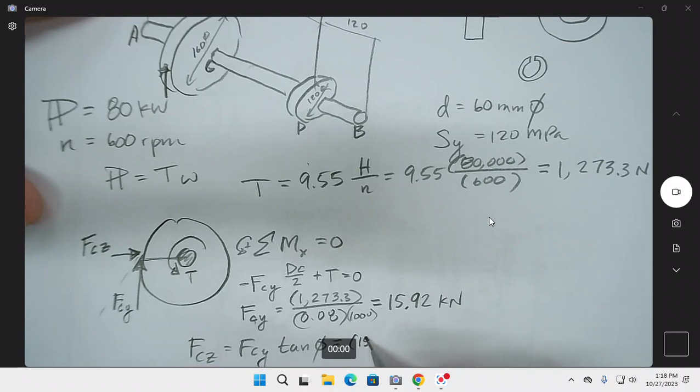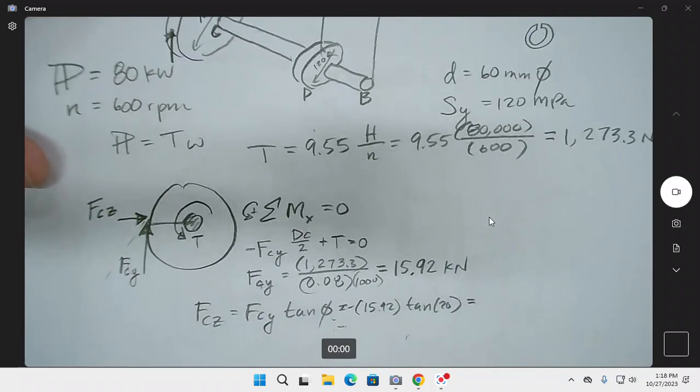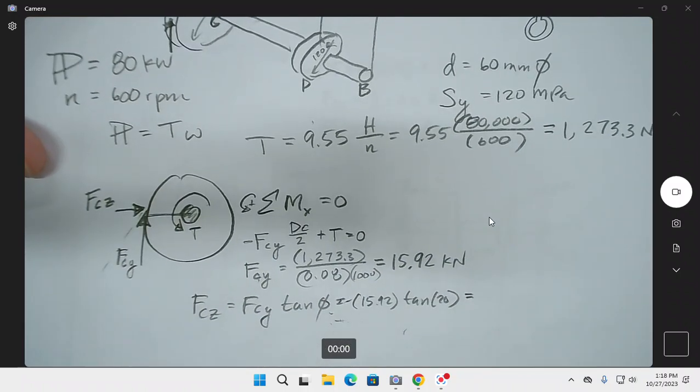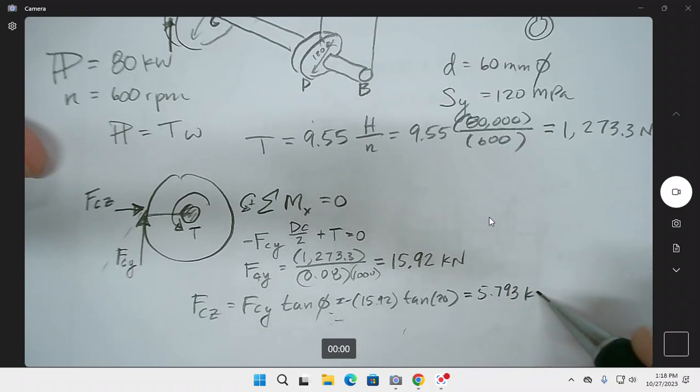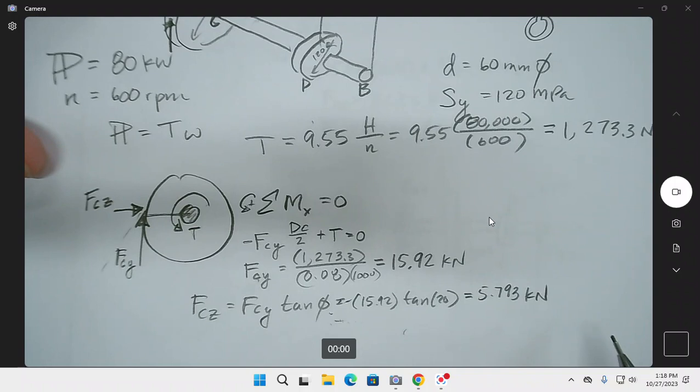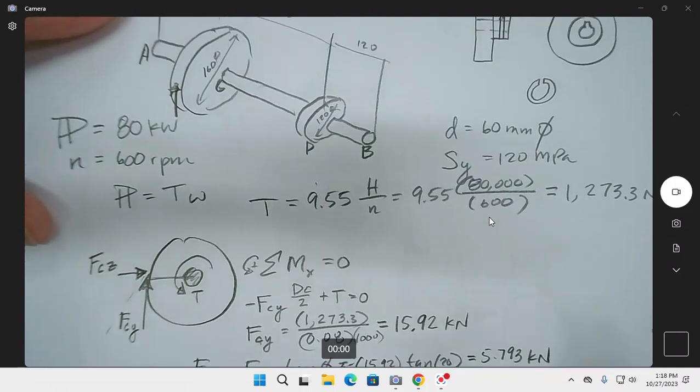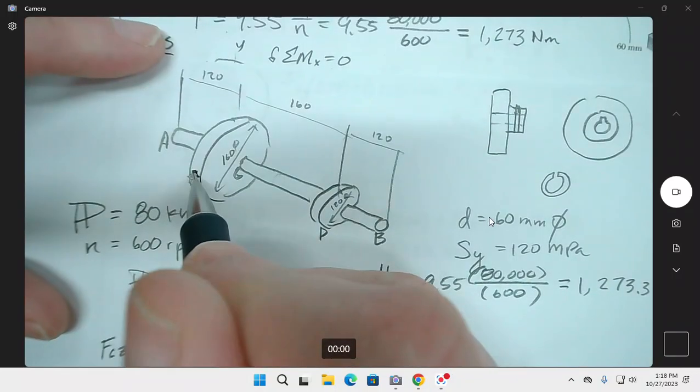So 15.92 times the tangent of 20 degrees, and let's load this one, equals 5.793 kilonewtons. All right, so I'm going to go back up to here and draw this in right here.